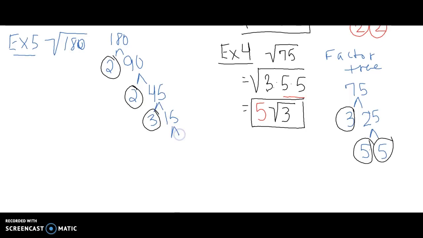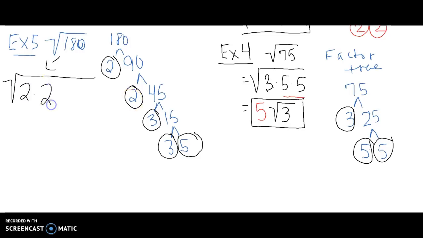The 15, I can factor down to 3 times 5. So 3 and 5 are prime. So now I'm going to rewrite this radical. The square root of 2 times 2 times 3 times 3 times 5.